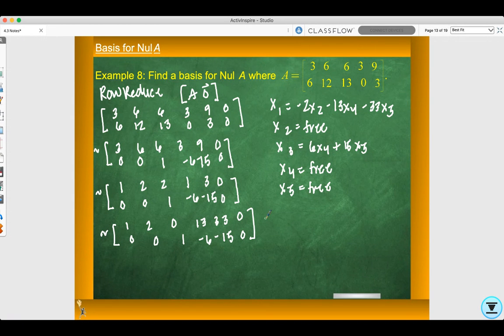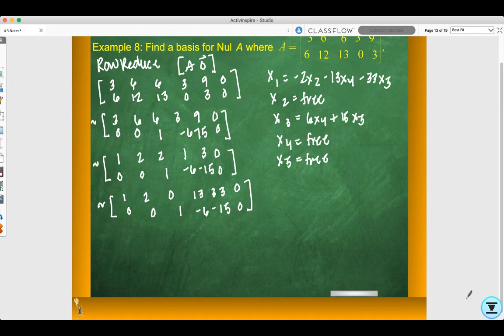So then what we could do is write x. I'm going to go down a little further so I have a little more room.